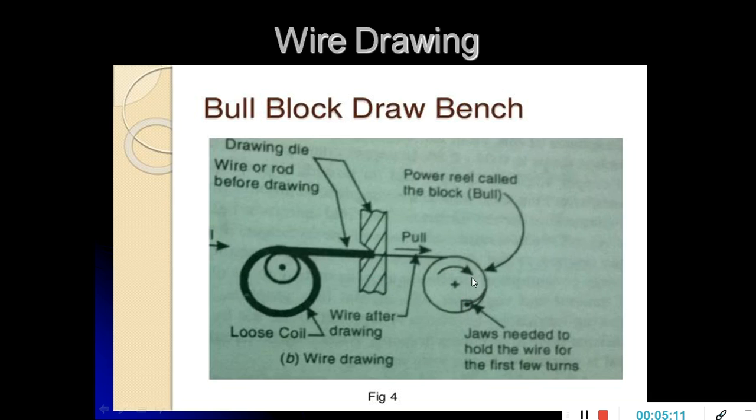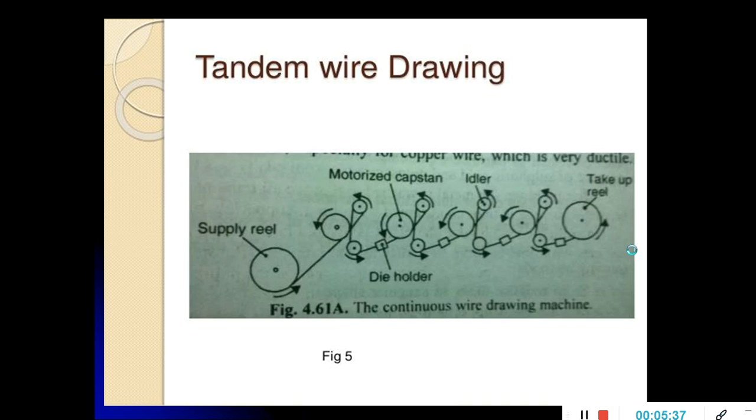Once it is locked, the driven motor is switched on so that the bull block is continuously rotating. Due to the continuous rotation of the bull block, it pulls the wire from the other end, and the diameter of the wire passing through the drawing die is considerably decreased. Okay, in this way the wire drawing operation is carried out.